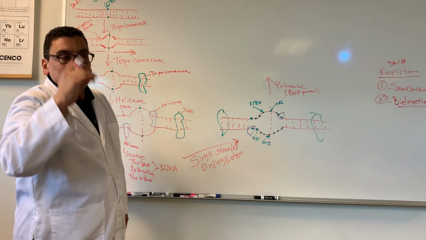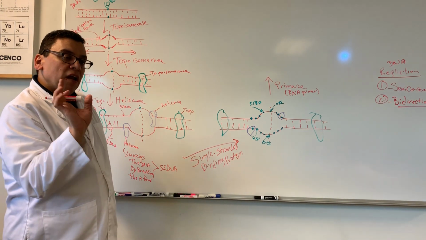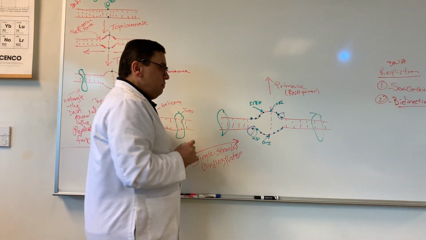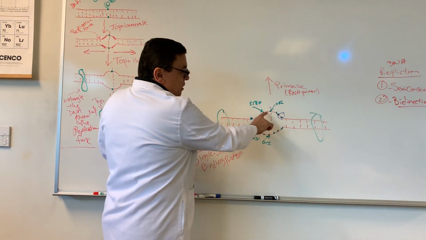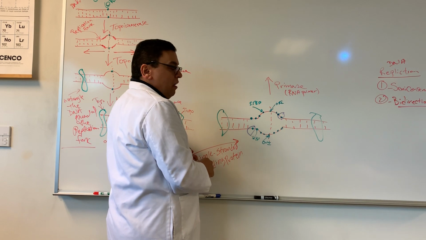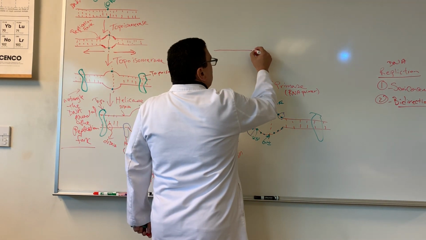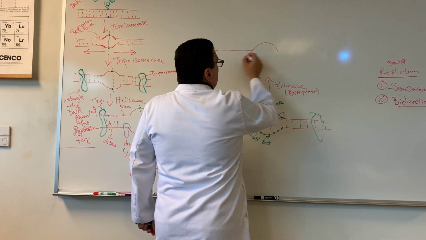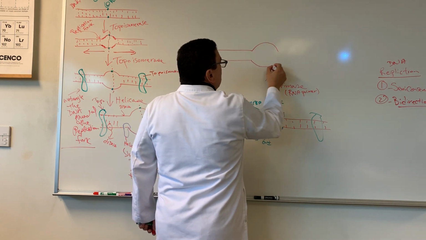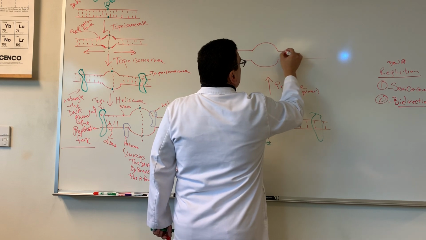How long? Whatever, 20 bases, let's say. Small piece of RNA. Based on what sequence? Based on the template sequence of your DNA. So let me redraw it, and you'll get an idea what I'm talking about. I'm going to redraw it again, so you can have pictures of every event, hopefully, by the end.